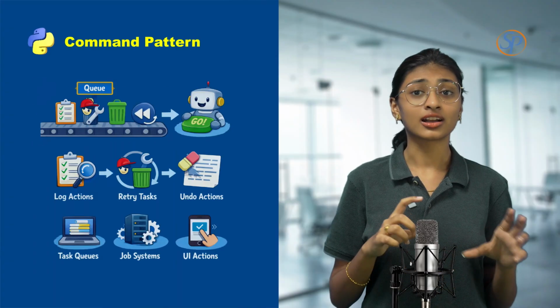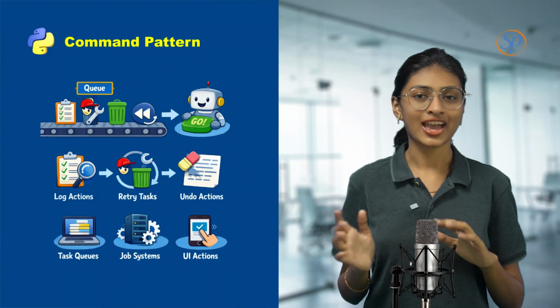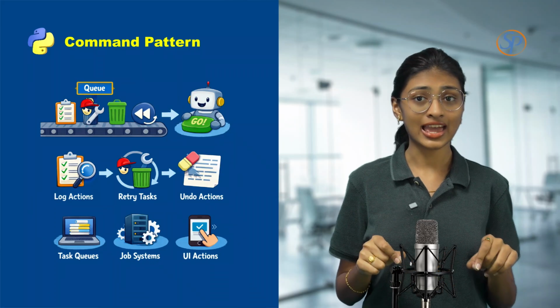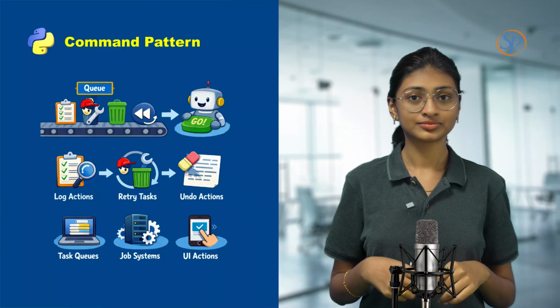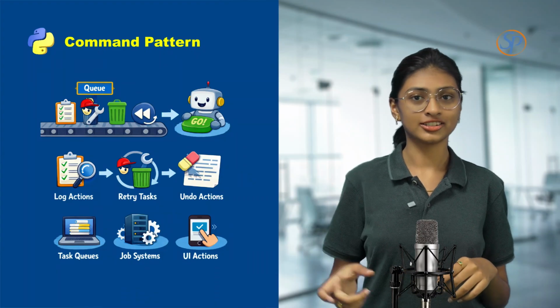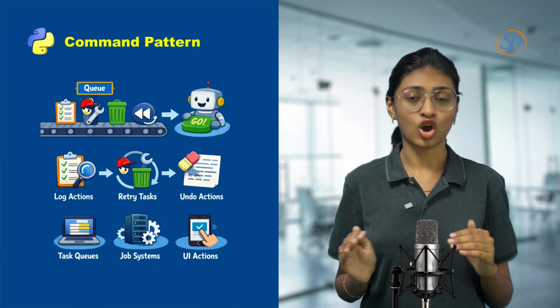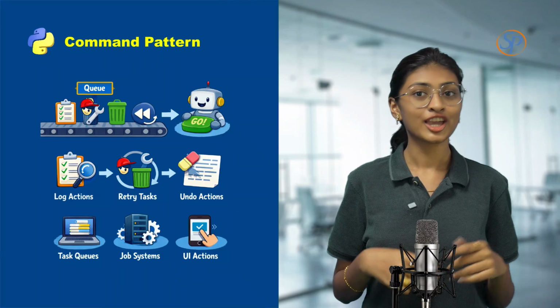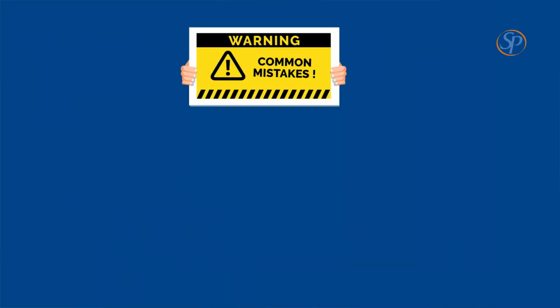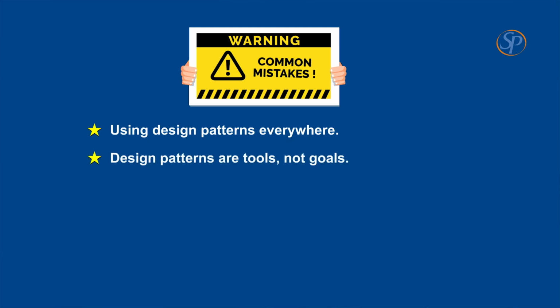Command pattern. The command pattern wraps actions as objects. This allows actions to be queued, logged, retried, undone. This pattern is common in task queues, job systems, UI actions. Common errors that we face while using these. One very common mistake is using design patterns everywhere. Design patterns are tools, not goals.